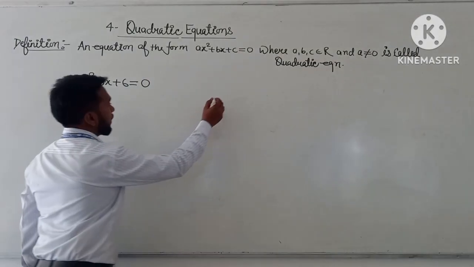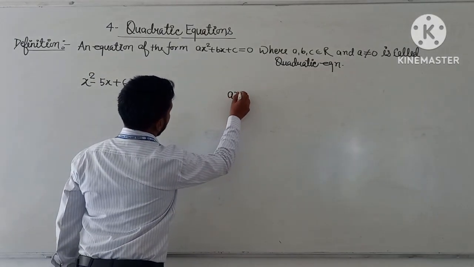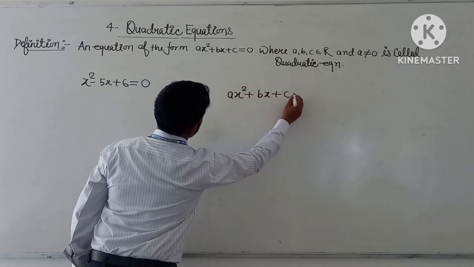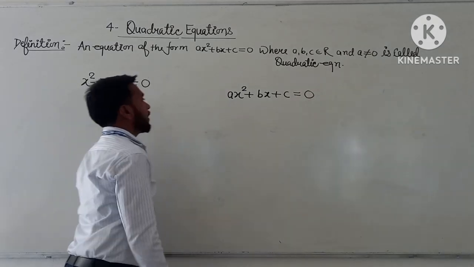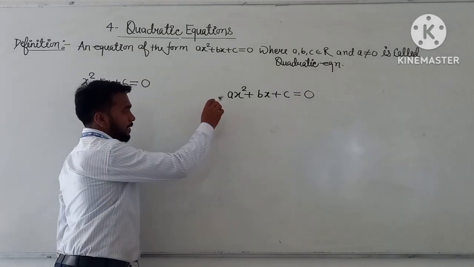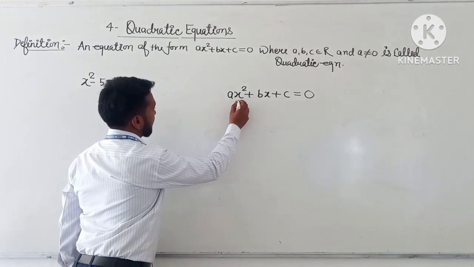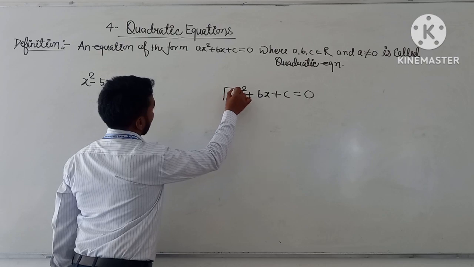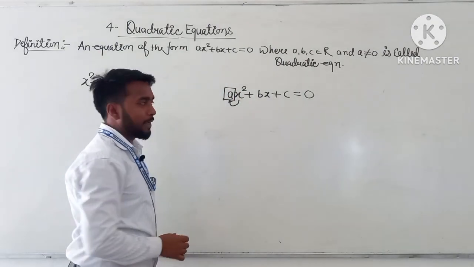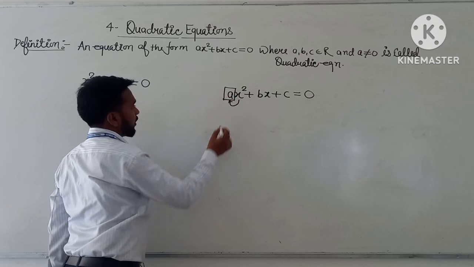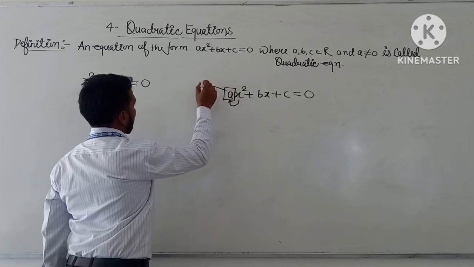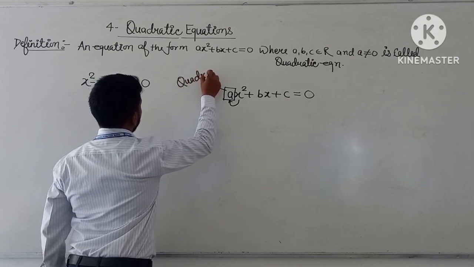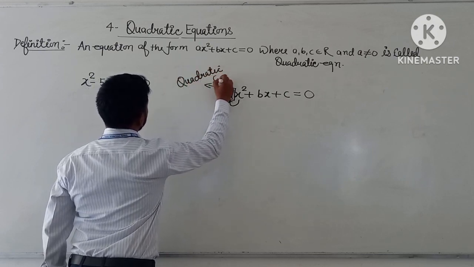Now students, it is ax square plus bx plus c is equal to 0. If you observe this quadratic equation, you will see that the coefficient of x square is a. A is the coefficient of x square, and it is also called the quadratic coefficient.